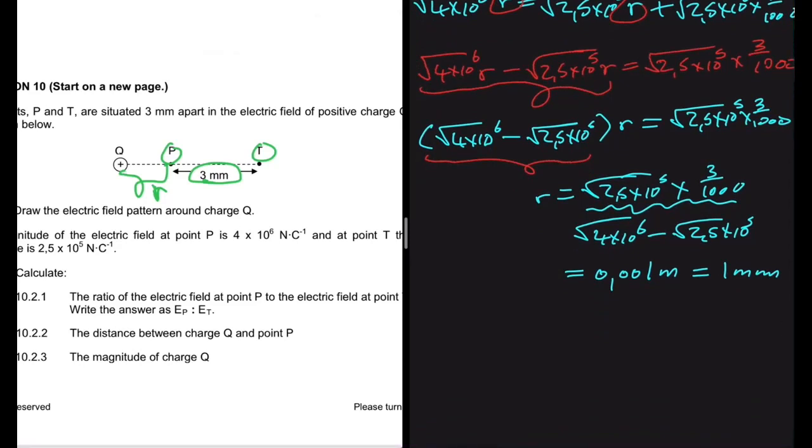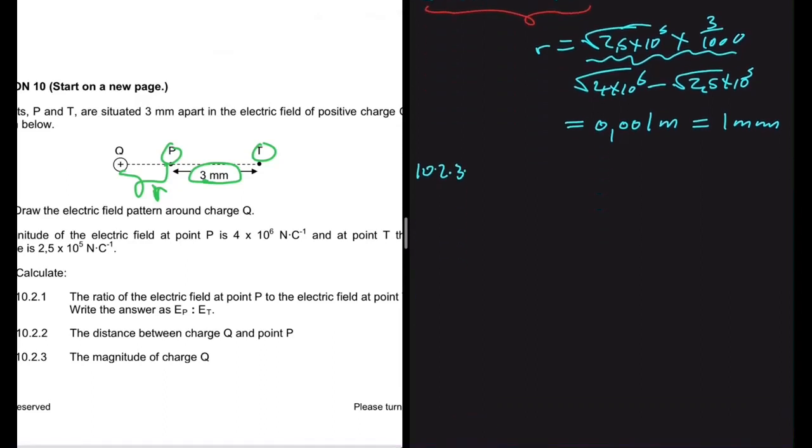And finally, to find the magnitude of charge Q, we can use the electric field at P or at T, right? It doesn't matter right now because we have r. It will be easy to find Q, right? So let's just use EP. So we have EP is equal to kQ divided by r squared, right?